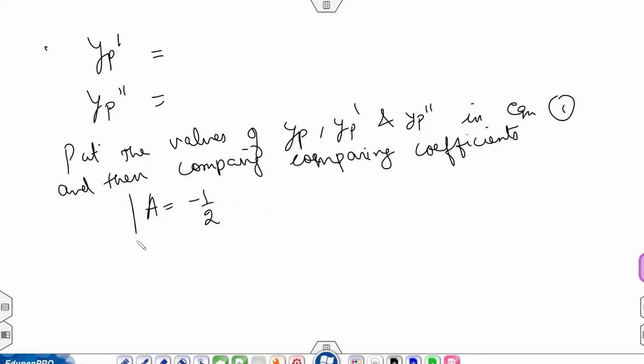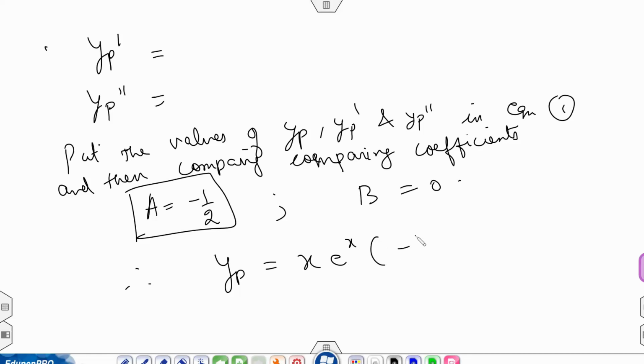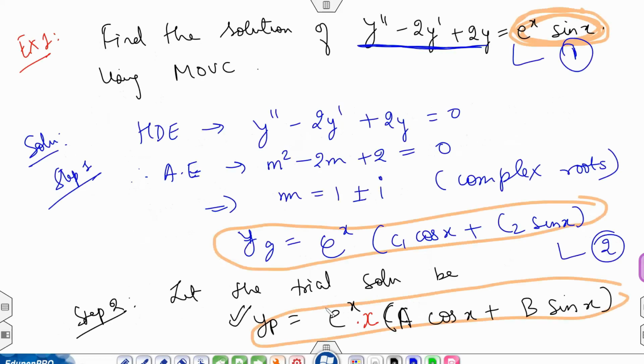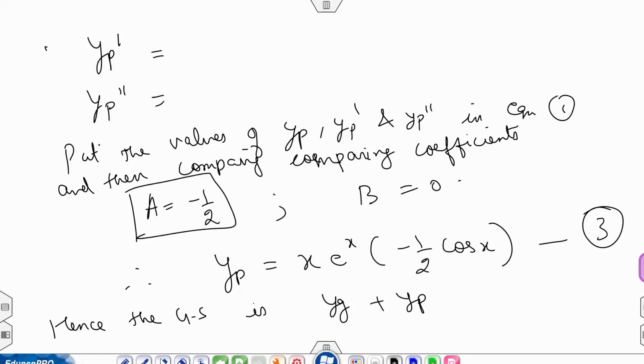You will get a equal to half and b equal to 0, and therefore your yp will be x e^x (-1/2 cos x). So hence the general solution is yg plus yp, where yg is given by equation number 2 and yp is given by equation number 3. You can add them both and write down the final result.